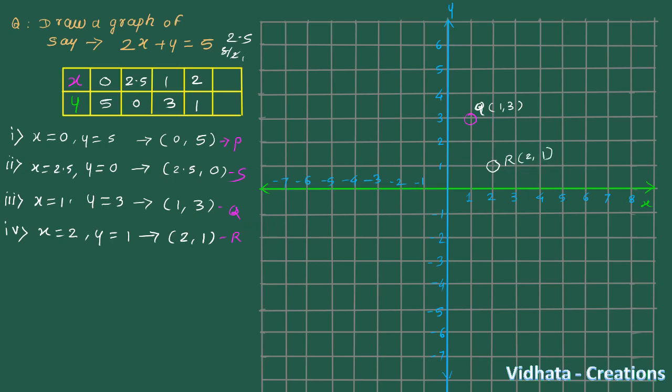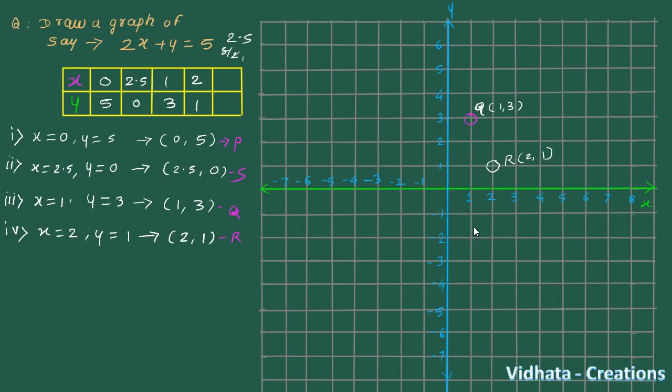Now what will you do? Now you have to draw the line passing through these 2 points. To draw a given line, at least 2 points are required, or 2 points are sufficient.